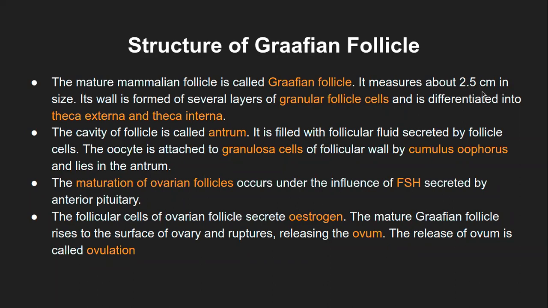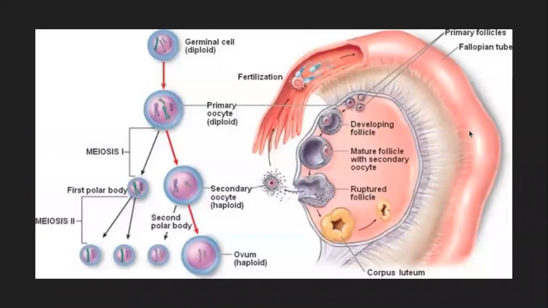Sir, in the previous diagram, there was another division, right? The second polar body and the ovum and all. Correct. So we are yet to reach this stage. The Graafian follicle is formed from the secondary oocyte. That's a tertiary follicle, na? After the tertiary follicle, see again, the follicle is the complete structure.